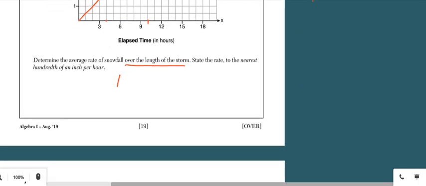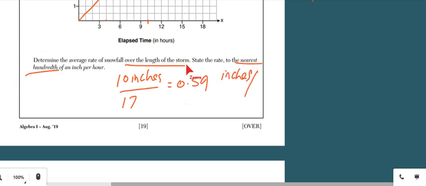Okay, so the average rate is 10 inches over 17, which rounds off to 0.5. We have to write it to the nearest 100th. 0.59. Okay, so the average rate to the nearest 100th is 0.59 inches per hour.